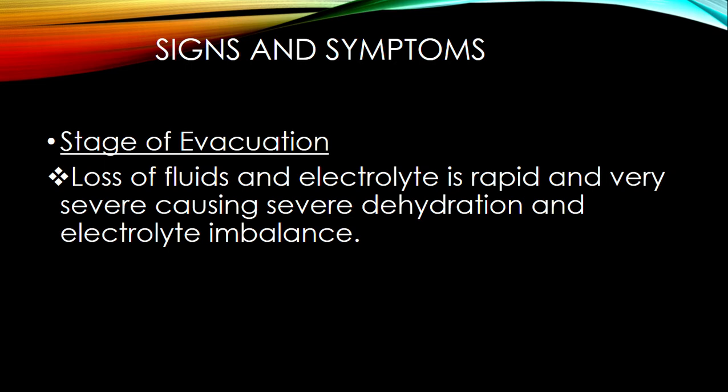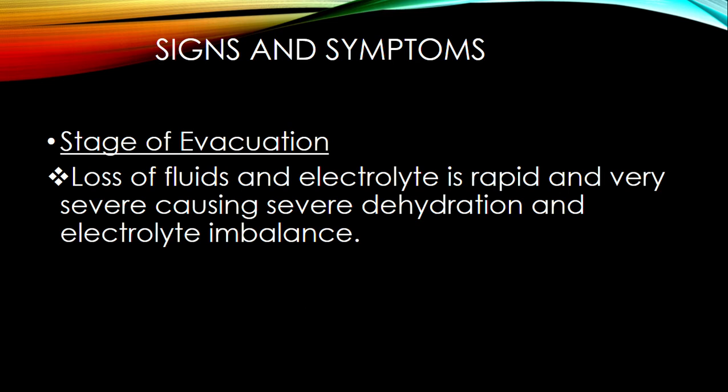So now let's move on to the signs and symptoms. So the signs and symptoms also occur in these stages. So in the first stage, which is called the stage of evacuation, we see loss of fluids and electrolytes is rapid and very severe, causing severe dehydration and electrolyte imbalance.